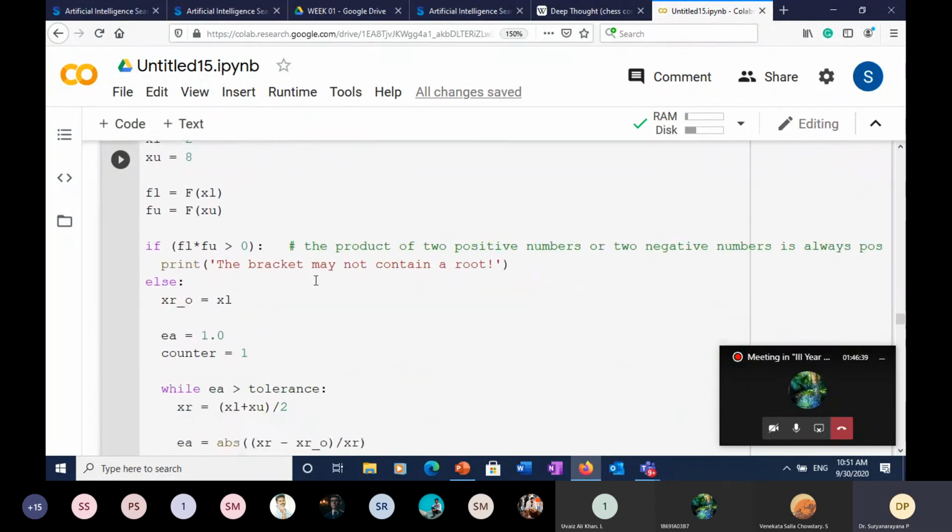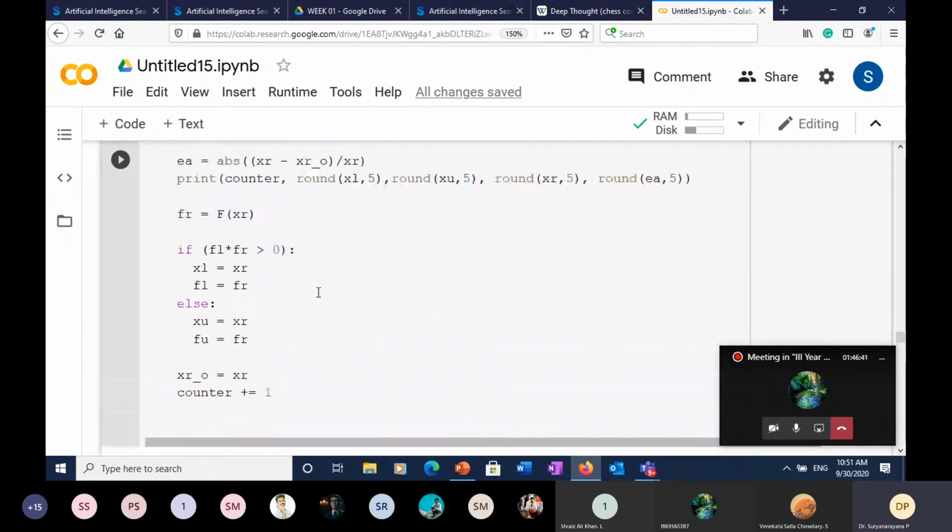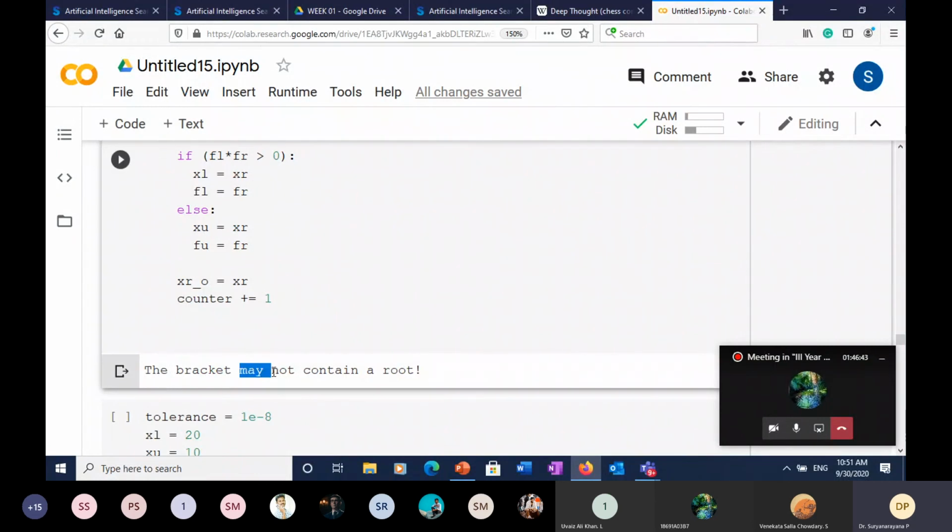It reads thus: the bracket may not contain a root. We cannot authoritatively say, just because the function value has the same sign at the beginning and end of the bracket, that there is no root. It only means that we cannot guarantee that there is a root. It could be that there is no root, or it could also be that there are an even number of roots.